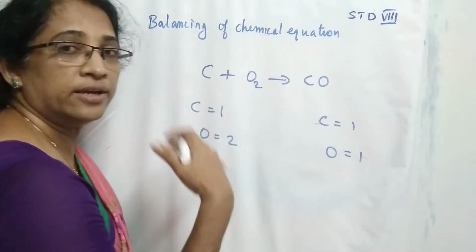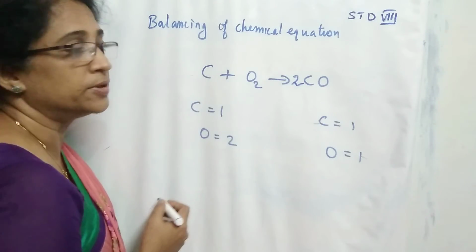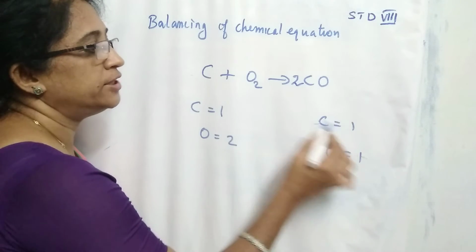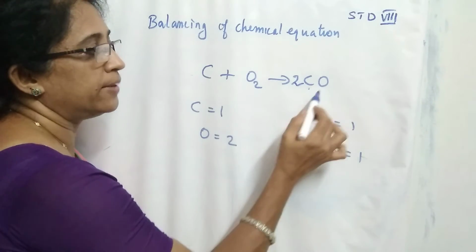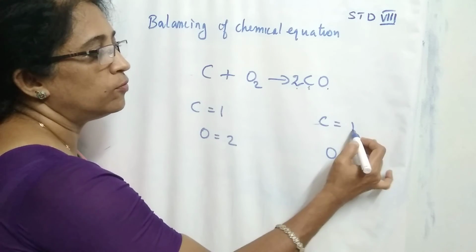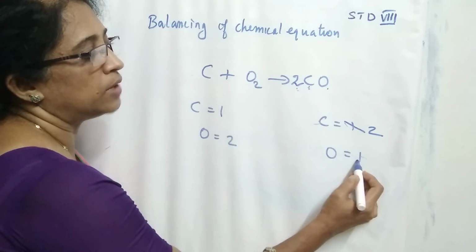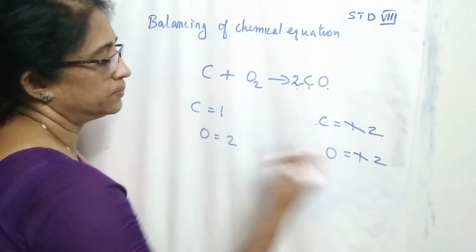So how will you make the number of oxygen 2? By writing 2 as a coefficient along with CO. So multiply both the elements, carbon and oxygen, with 2. How many atoms are there for carbon? 1. So 2 into 1 is equal to 2, and oxygen 2 into 1, 2.